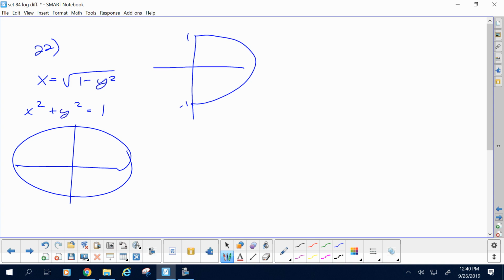y as the variable of integration means the rectangles go this way, yeah? Okay, so when I go to find the area of this, or set up the area of this, the heights are dy, and the bases, aren't the bases just x? I mean, whatever the x is, but in y terms, so 1 minus y squared rooted.